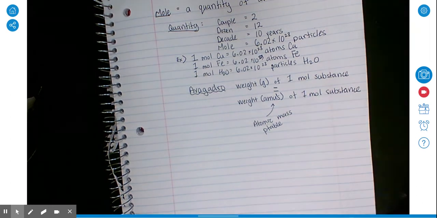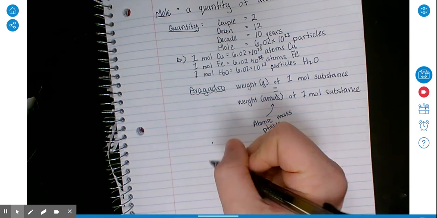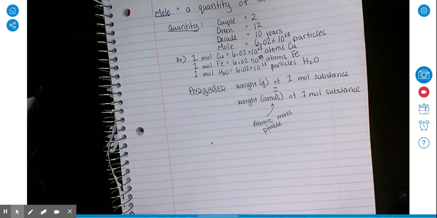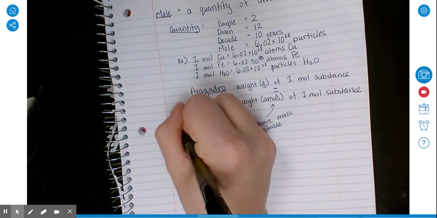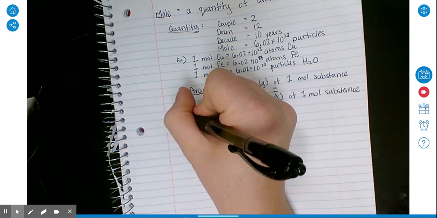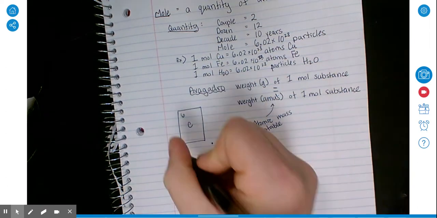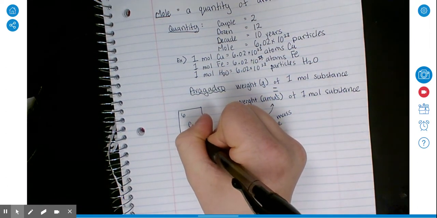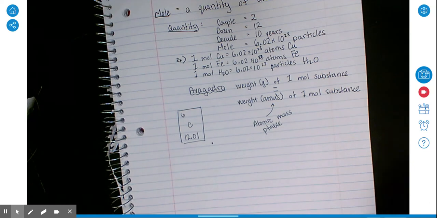So, for example, the periodic table has 118 elements. All of those elements have little atom cards. If you were to look at the atom carbon, you would see that on carbon's atom card, it is atom number 6, and it has an atomic mass of 12.01. This would be what you would see on the periodic table.